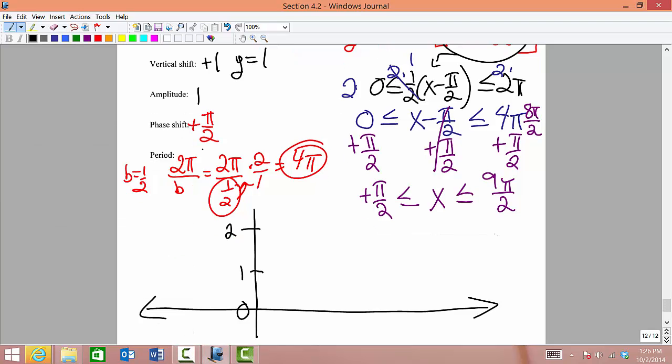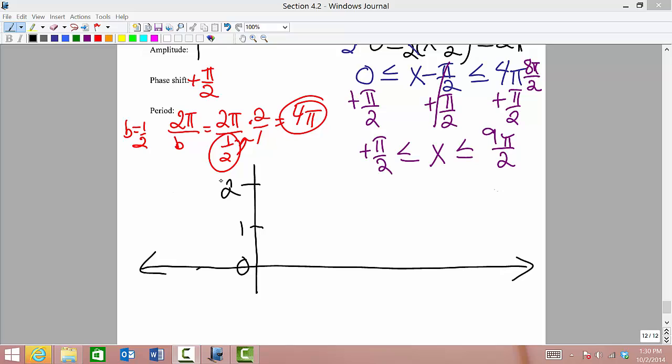So now when we go to graph, we know that we need to find all of our x values. So our graph will start at pi over 2, end at 9 pi over 2.